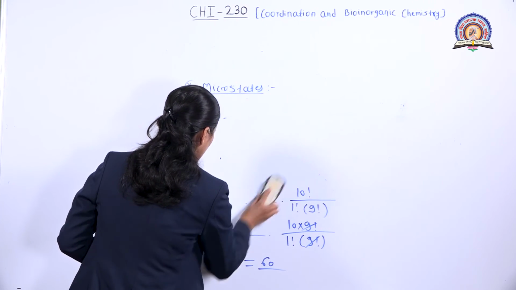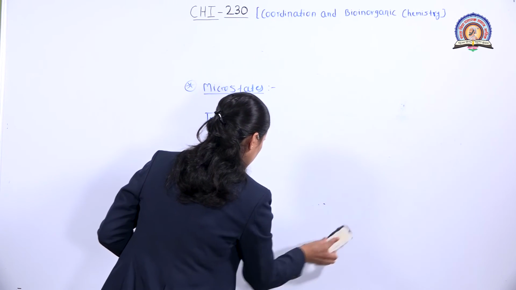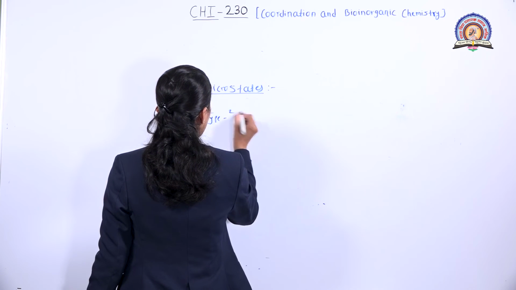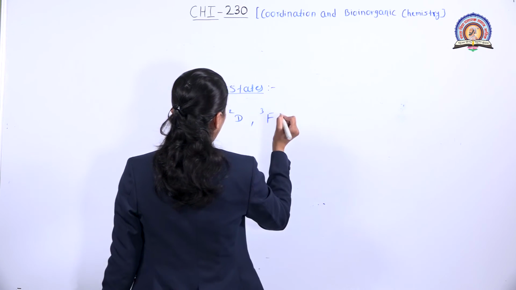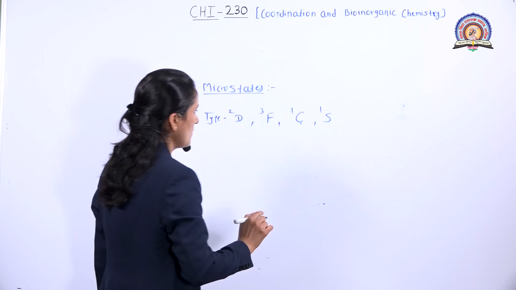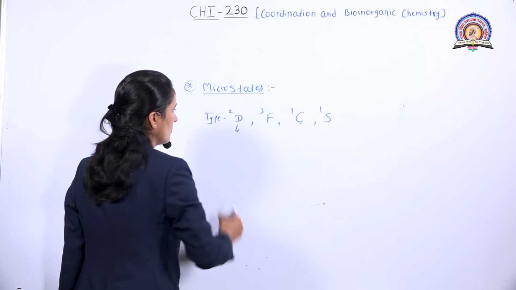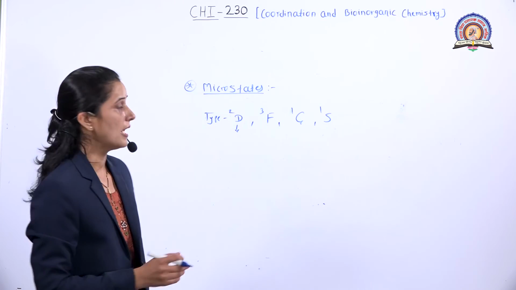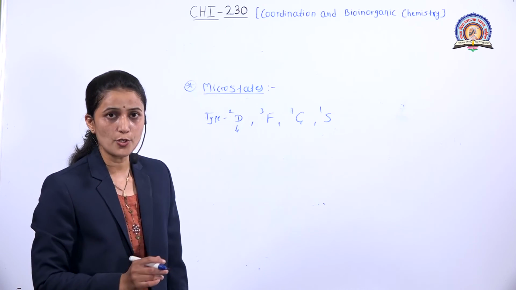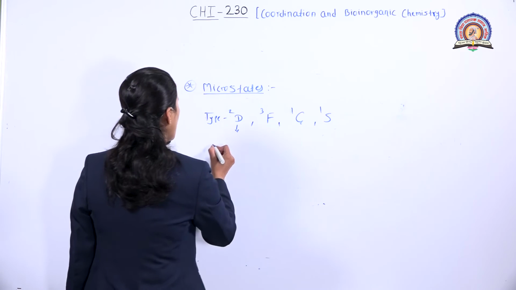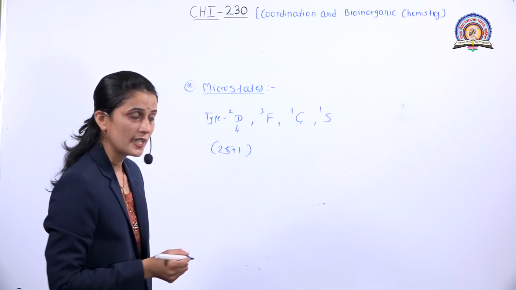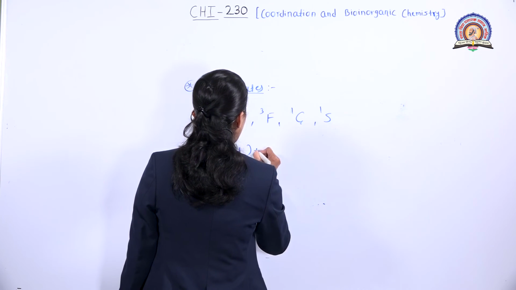Suppose a term is given, for example D2, F3, G1, S1, like this. Suppose we take the D2 term and have to calculate its microstates. The formula to calculate microstates for any given term is (2S plus 1) into (2L plus 1). 2S plus 1 is the spin multiplicity, which we have already seen in the RS term.